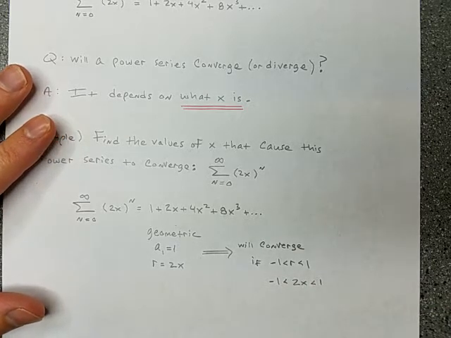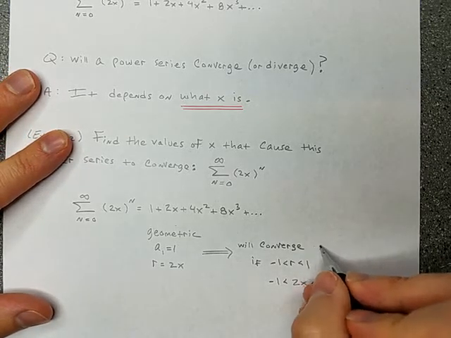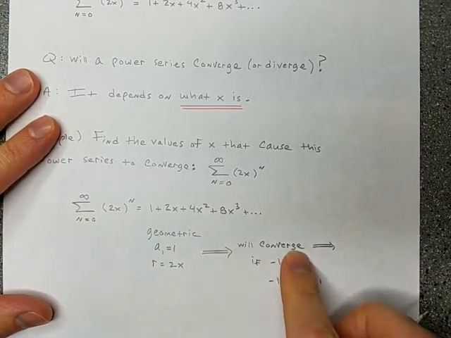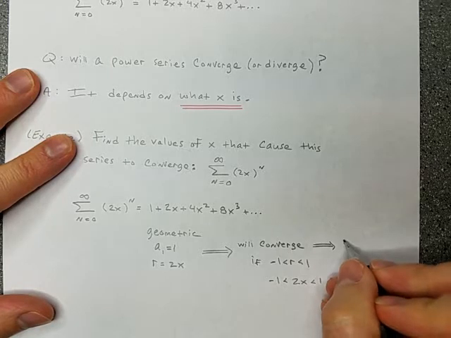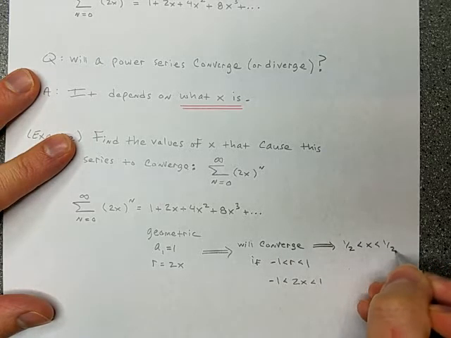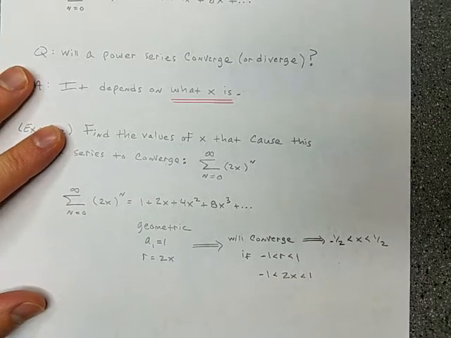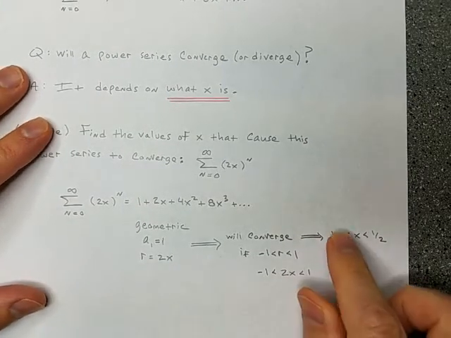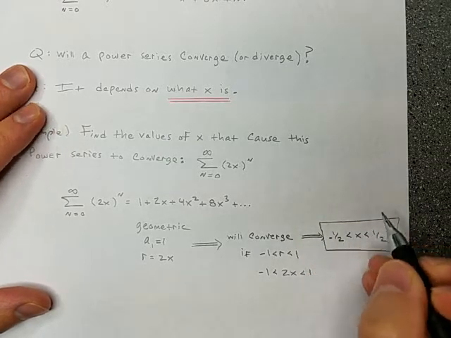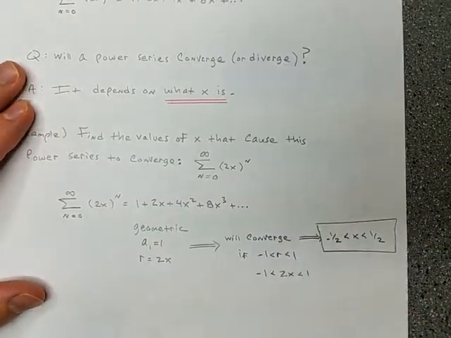And ultimately, it means that this power series will converge if x is between -1/2 and +1/2. Okay? So those are the values of x that cause that series to converge.